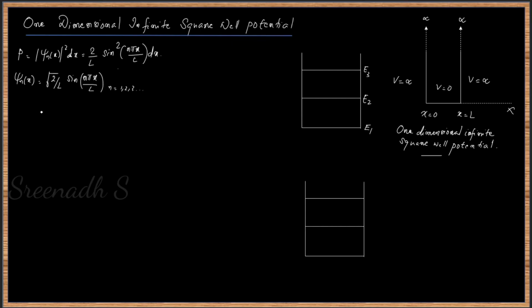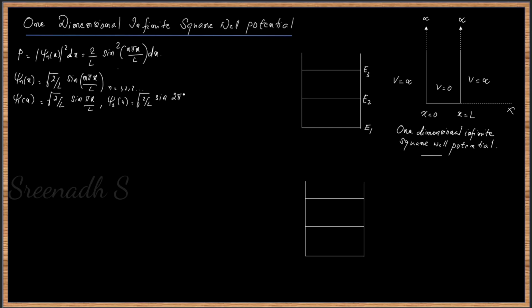So first, for n equal to 1, we have psi 1 of x equal to square root of 2 by L sin(πx/L), and psi 2 of x equal to square root of 2 by L sin(2πx/L).